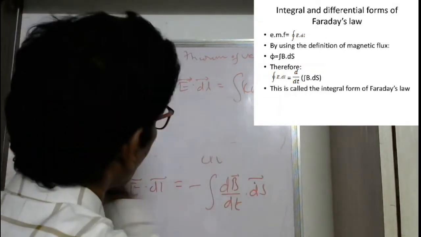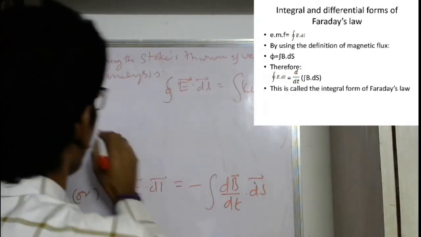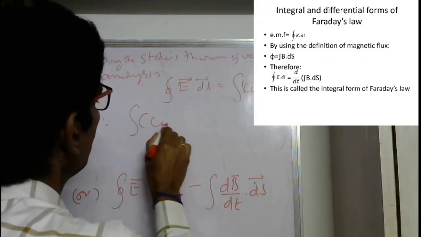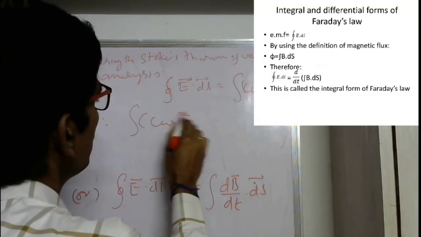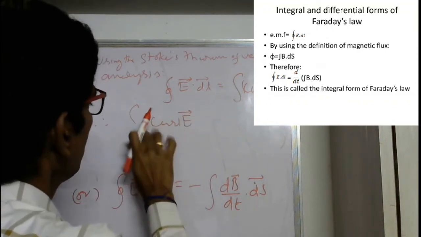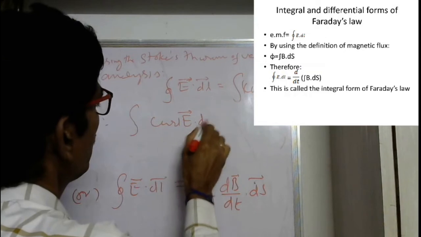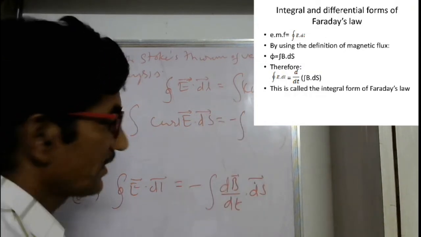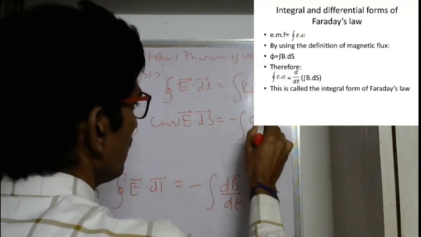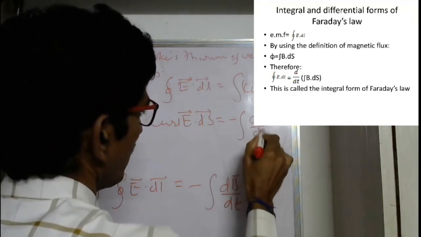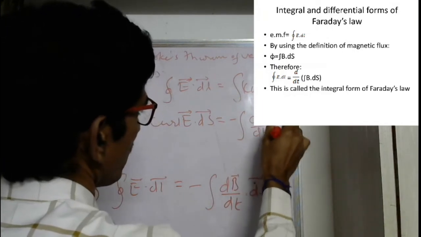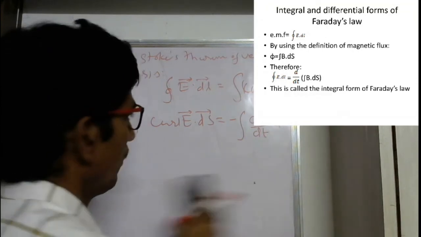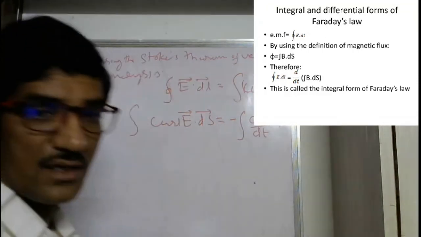Therefore, integral of curl E dot ds is equal to, on the RHS, we are already having dou B by dou t dot ds. So on both sides you now have the surface integral only.